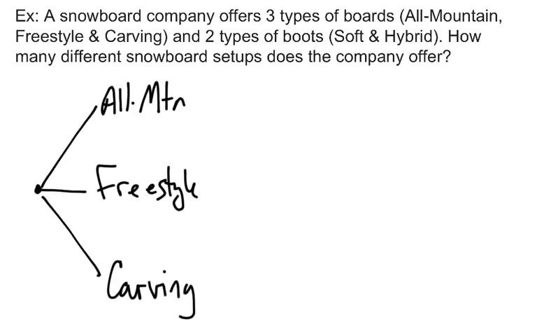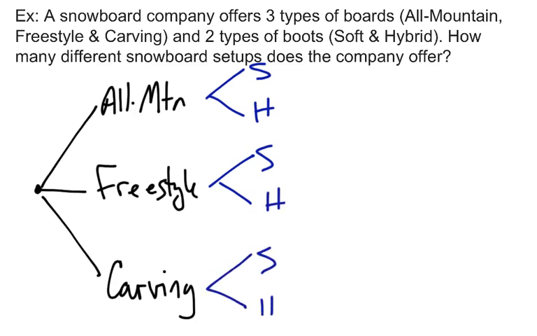And no matter which one of those I choose, I have to make a second choice. I have to choose my boots, either soft or hybrid. Or here I can go soft or hybrid. Or if I chose a carving board, I can go with soft or hybrid. And this tree diagram tells us how many different options we have. This line says I chose an all-mountain board with soft boots.